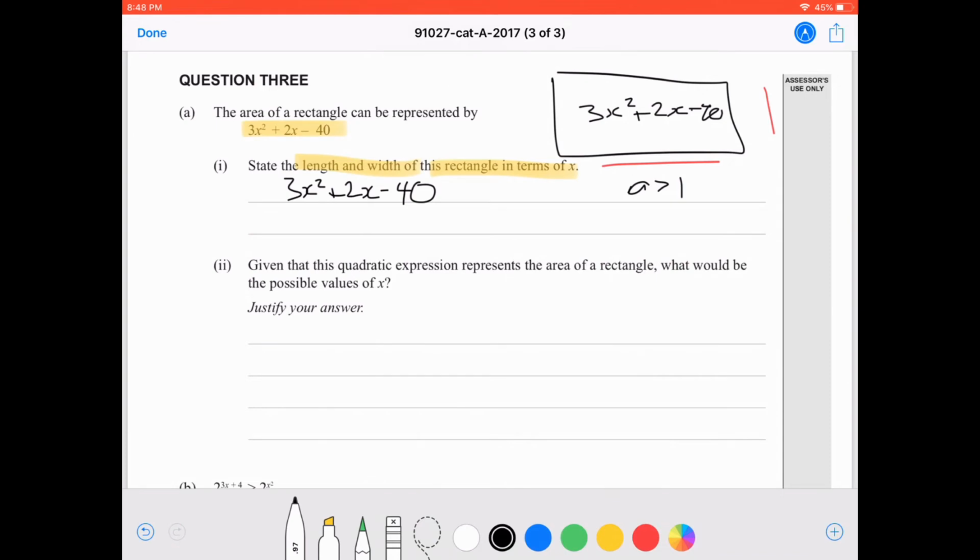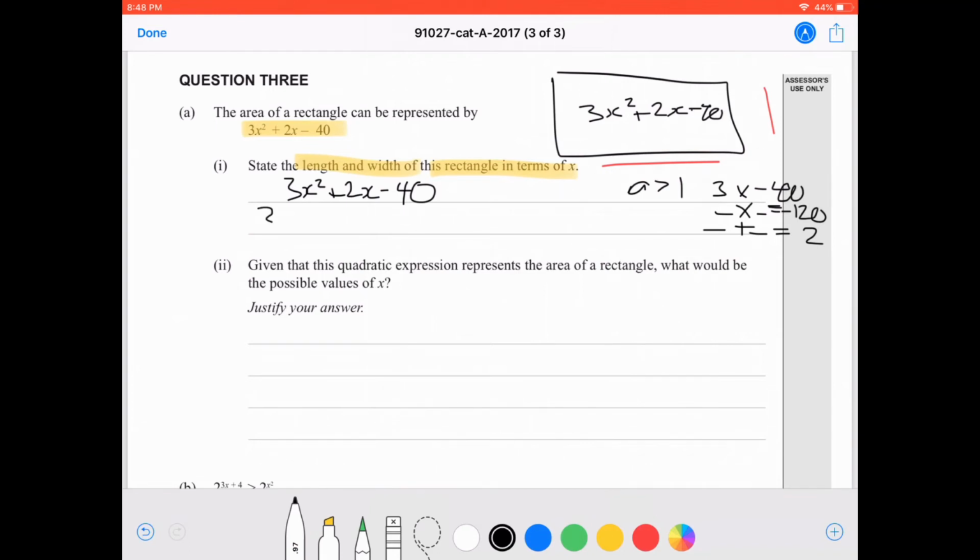So 3 times negative 40 is negative 120. Meaning we're looking for two numbers that multiply to negative 120 and add to the b term, which is 2. And they are positive 12 and minus 10.